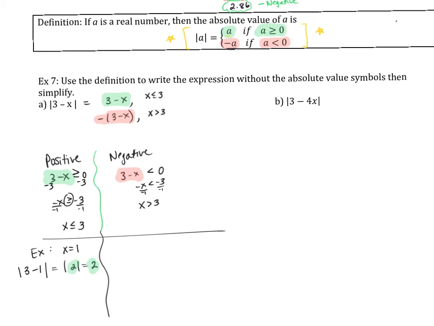Okay, but that's different if we have something where x is a larger number. So for example, if I had x equal to, say, 10, then I would have absolute value of 3 minus this big number. That would be the absolute value of -7, and what comes out is not the same as what went in. Since it was negative, what's coming out is positive, which is just the opposite of the negative.